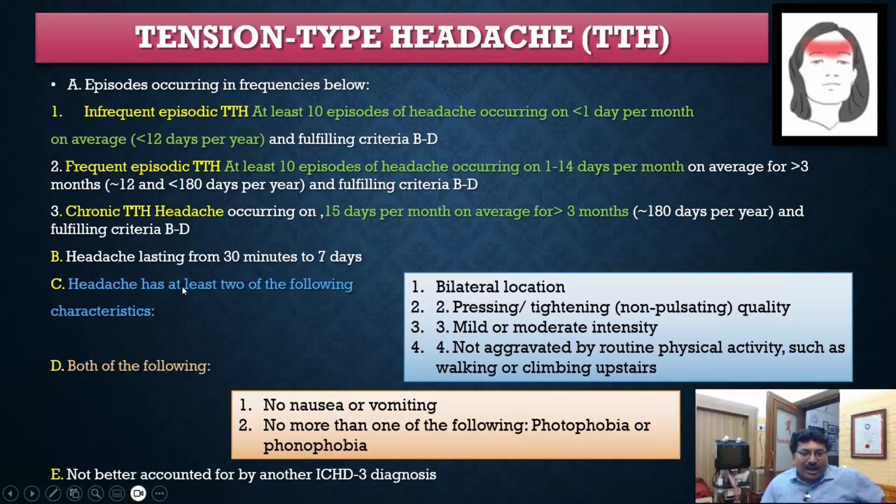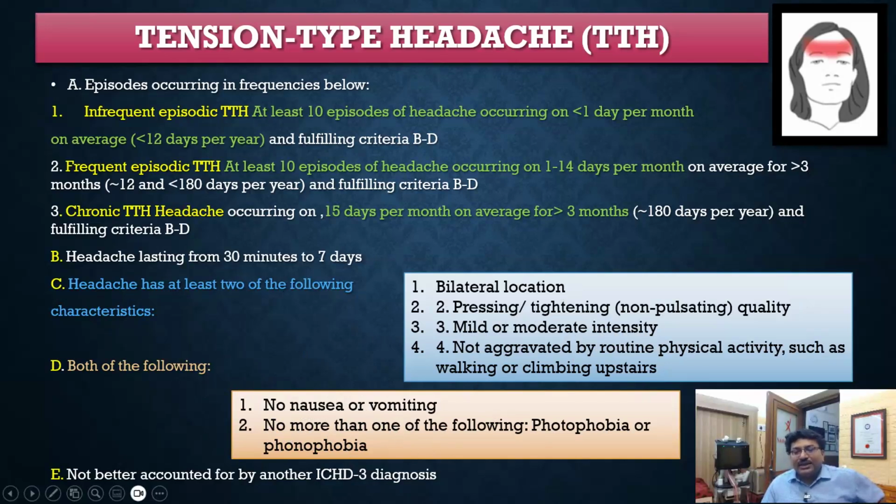The headache has at least two of the following characteristics: bilateral location, pressing or tightening quality, mild to moderate intensity, and not aggravated by routine physical activity such as walking or climbing stairs. And both of the following should not be there: no nausea or vomiting, and no photophobia or phonophobia. Basically these are characteristics where any one of them should be present in migraine, but should not be there in tension type headache.